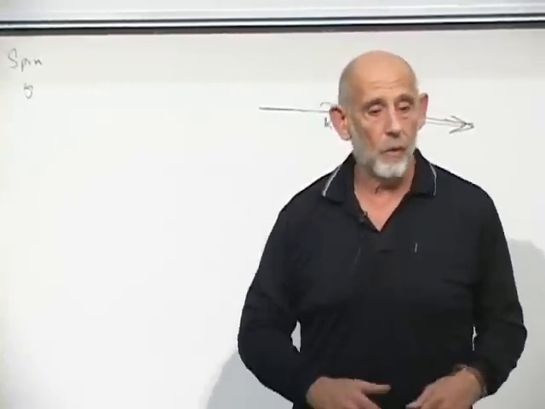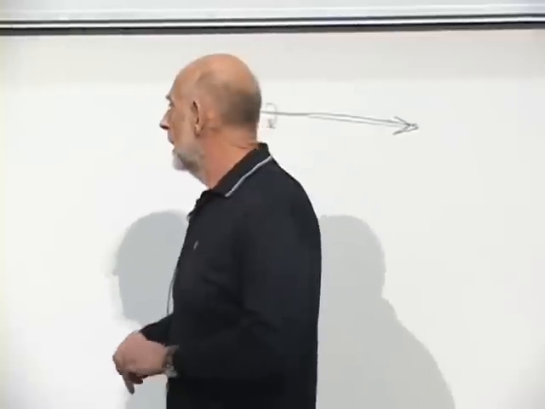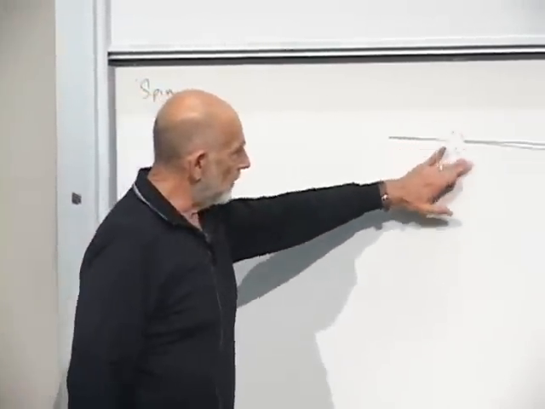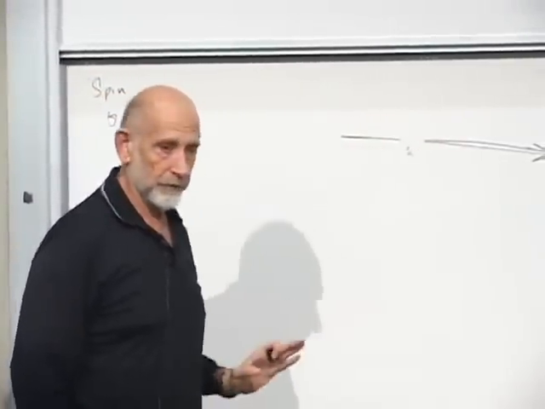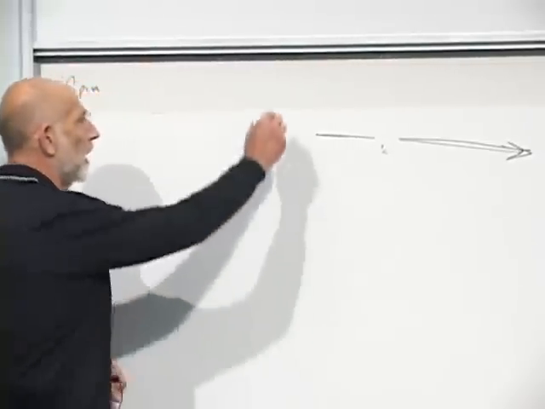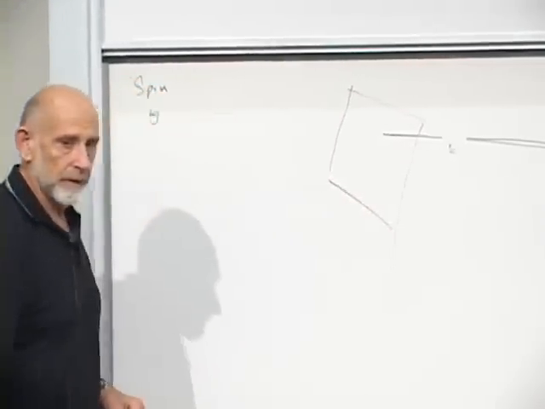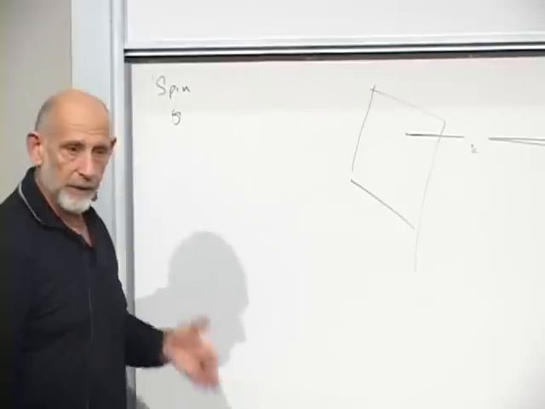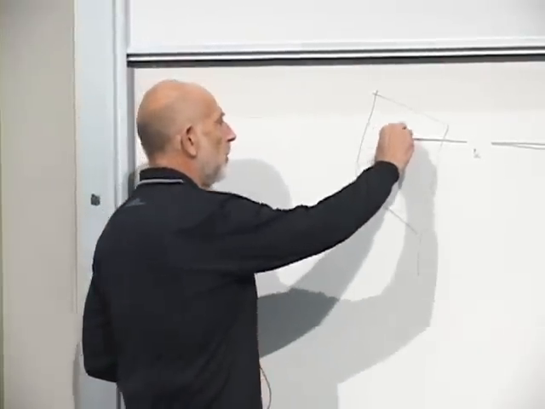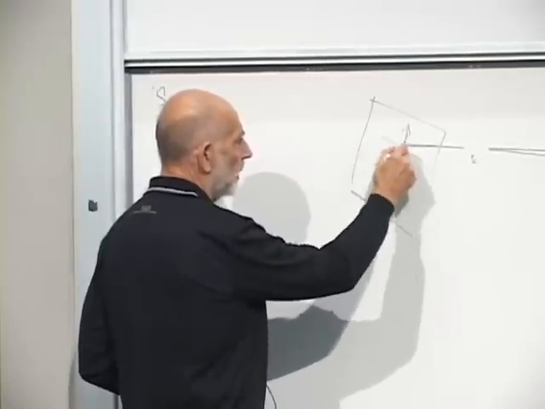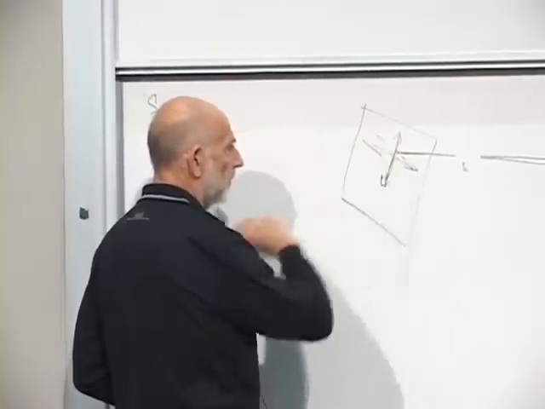And one other point, let's go back to linear polarization. A photon moving down an axis can be polarized. Here's the plane perpendicular to the motion of the photon. If you send it through a plane polarizer, it can be polarized, let's say, along the y-axis, or it can be polarized along the x-axis.